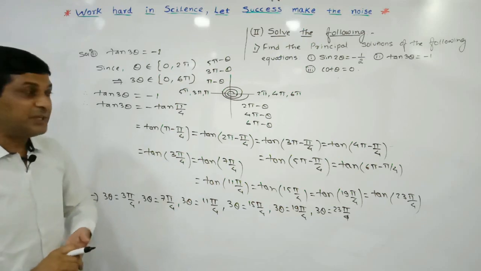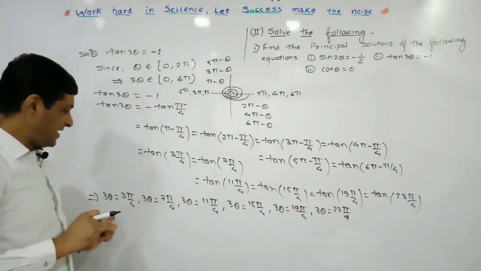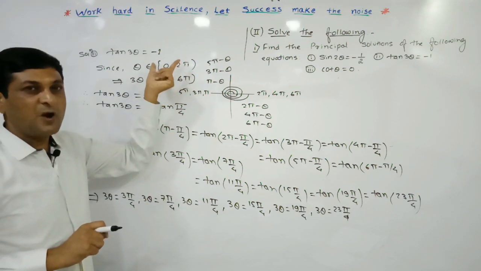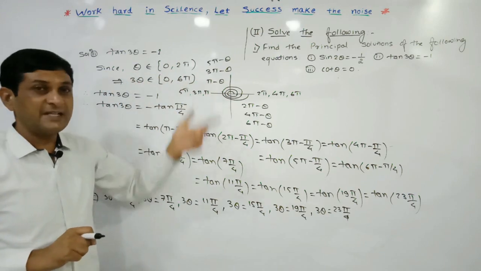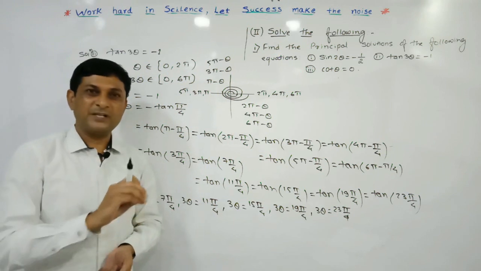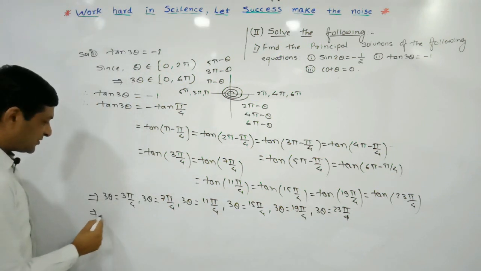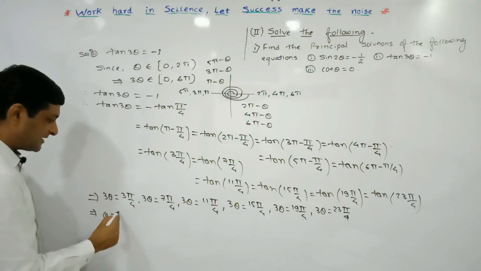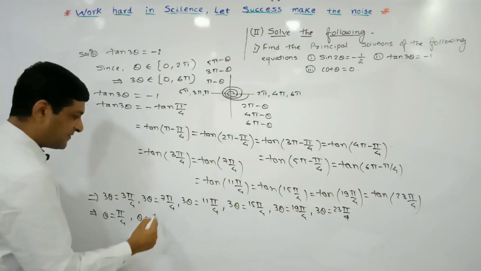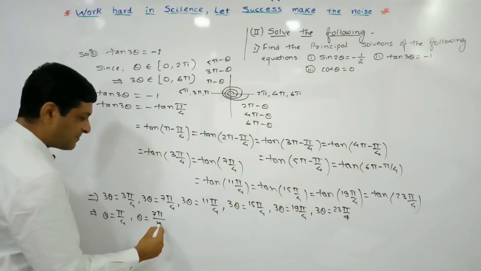These are the values of 3 theta which lie between 0 and 6 pi. Now if I divide both sides by 3, then these values lie between 0 and 2 pi, which means the value of theta lies between 0 and 2 pi, and such values are called principal solutions according to our definition. So we divide both sides by 3. Here 3 will get cancelled and we get theta equal to pi by 4. Dividing by 3 again, we get theta equal to 7 pi by 12.